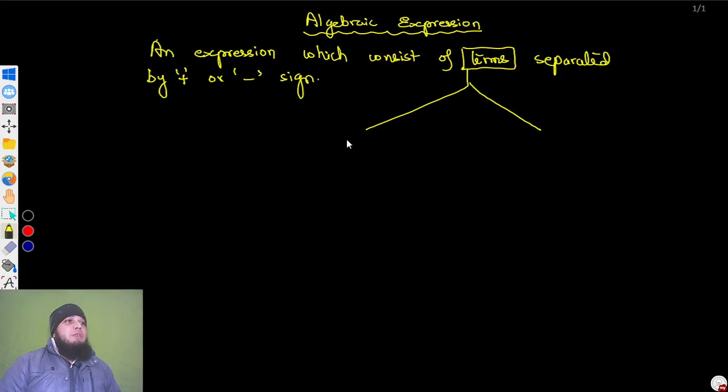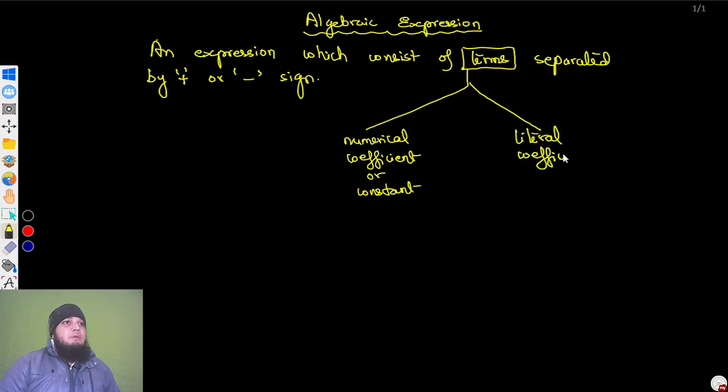One is known as the numerical coefficient, generally we call it the constant, and one is the literal coefficient, which consists of what we call the variable part.